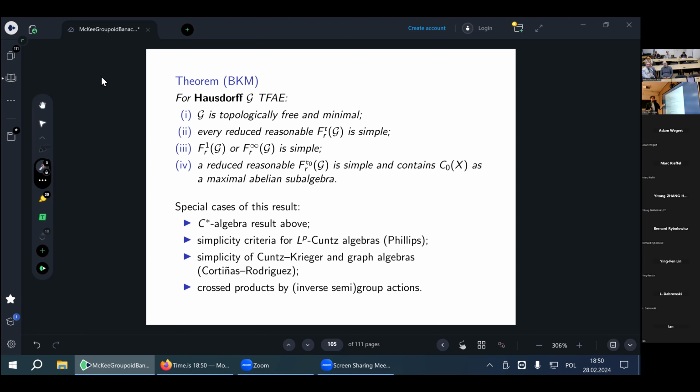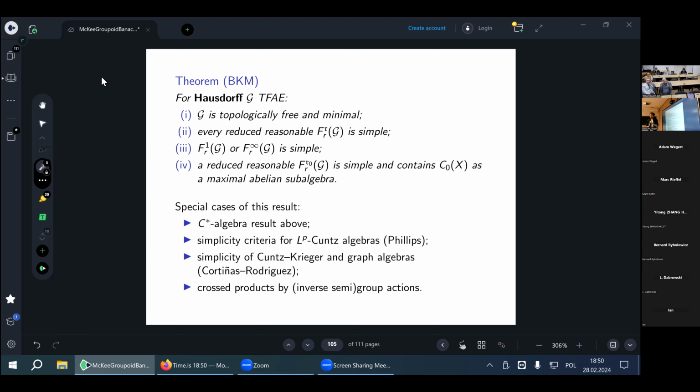Can you interpret this expression reasonable in terms of the groupoid? Oh, it's in terms of the norm. We have to have the infinity norm of f smaller than some other norm. I don't know if there's a way to put that into groupoid language only, at least in terms of functions.